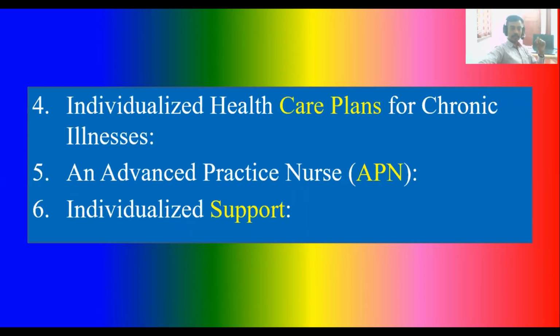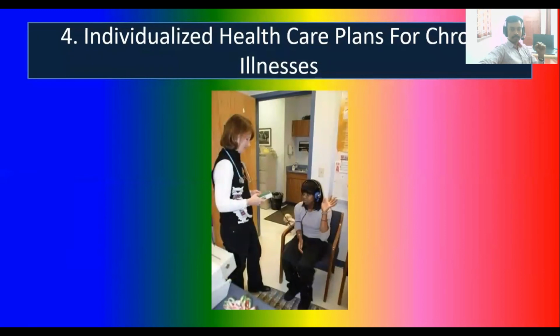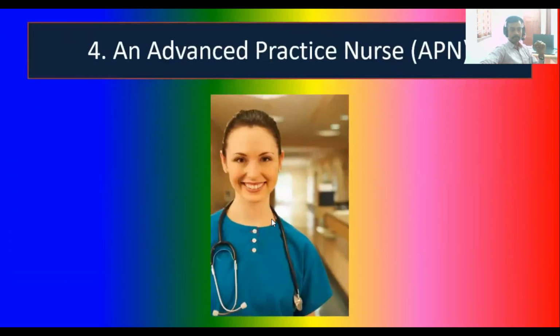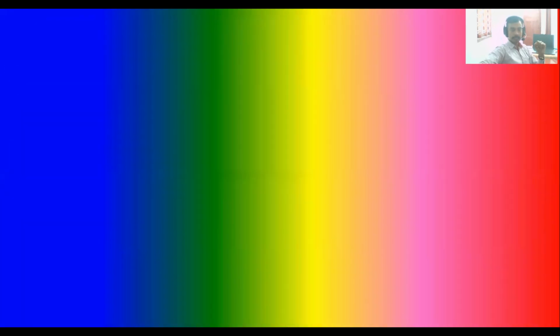Sixth one, individualized support. As we have discussed, every individual is different. So for client-oriented support, the concept of individualization helps us. Look at these pictures available: chronic illness, APN picture, individualized support.